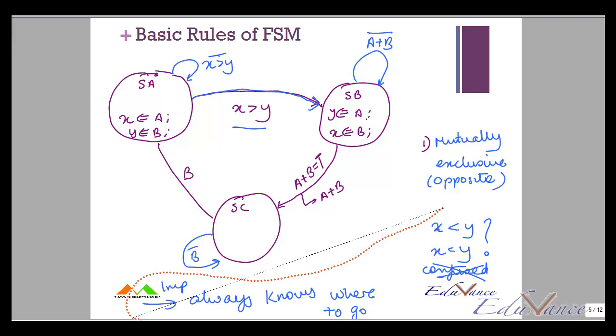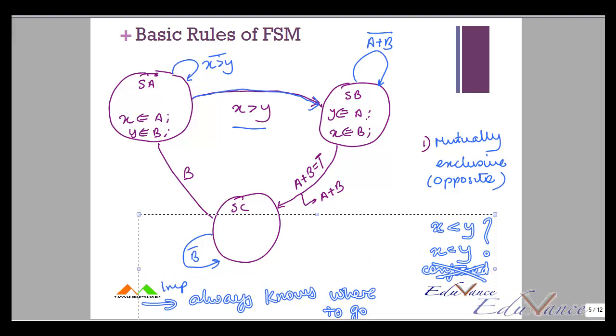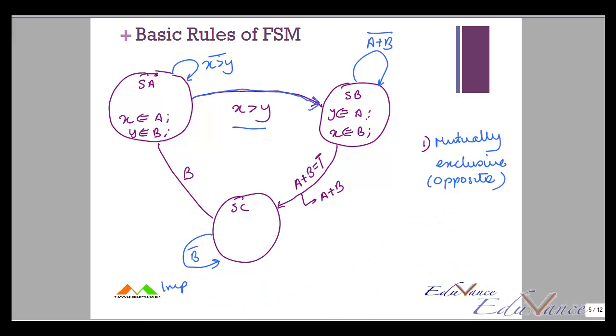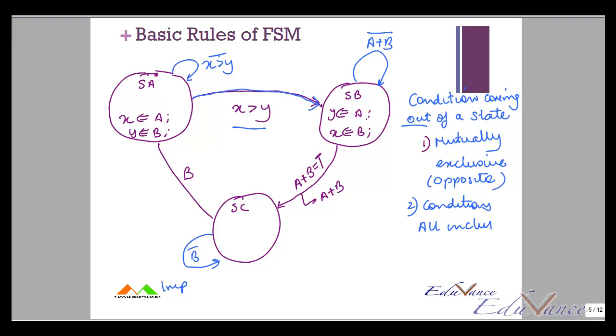The second rule states that all these conditions, let me write this here. So the conditions coming out of, please be important, out of a state must be first mutually exclusive and all inclusive.